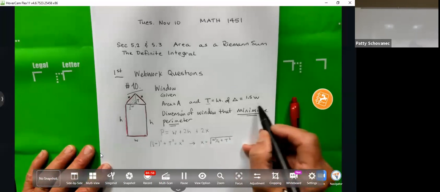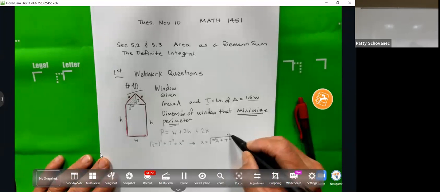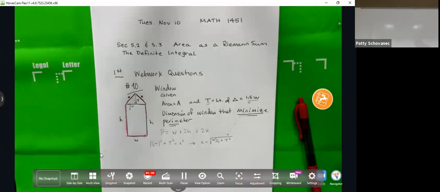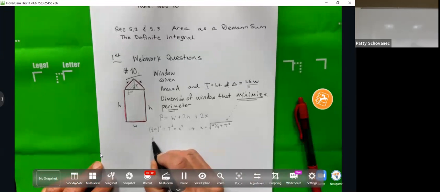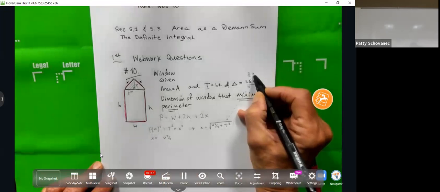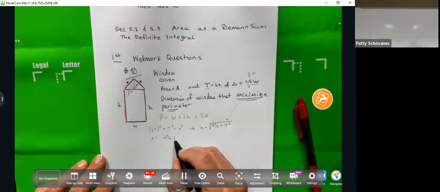Now we know that T is 1.5 of W. Let's take that and put it in where the T is here. And so now we have that X is equal to the square root of W squared over 4. Let's write that as 3/2 W. And so when we square that, that becomes 9/4 W squared under the square root sign.